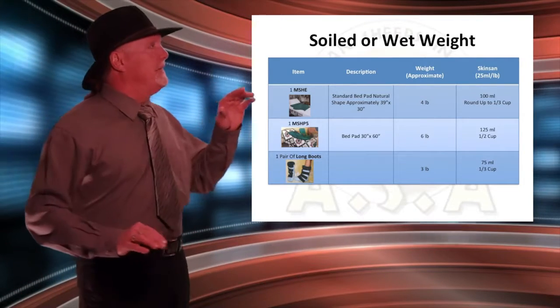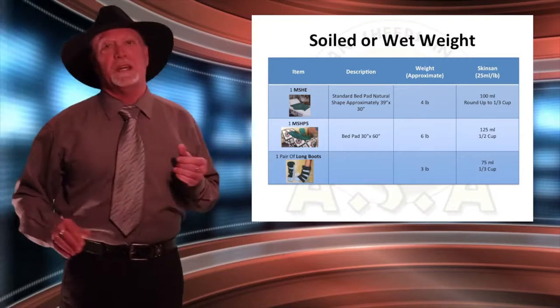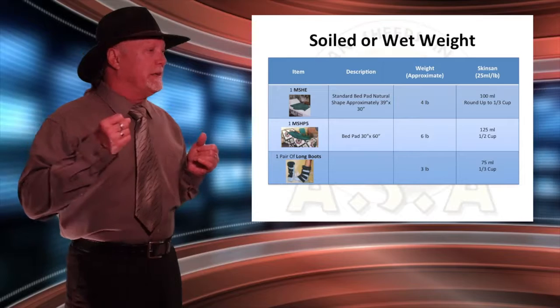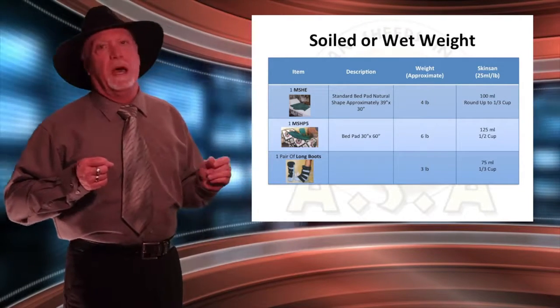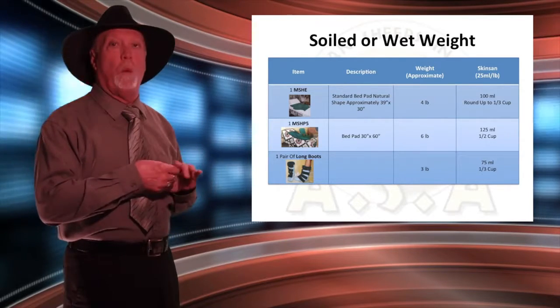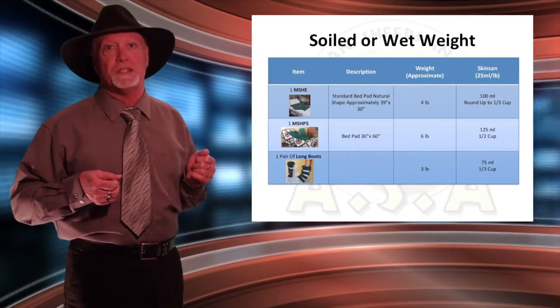You can see here on this next table where we've got soiled or wet weight, an MSHE would gain approximately 1 pound, which is the determination of how much detergent is used. So from a 3 pound bed pad, it would go to approximately 4 pounds, which would require around about 100 ml of detergent, or you'd round up to 1/3 of a cup for the MSHE.